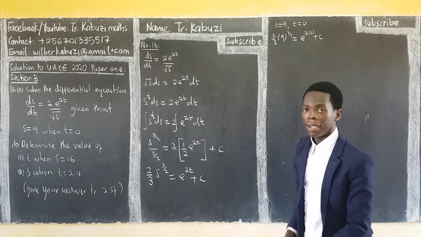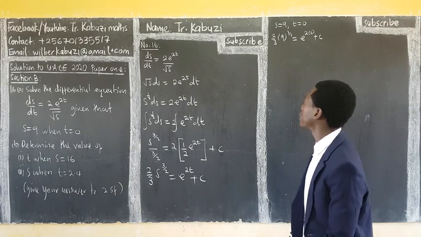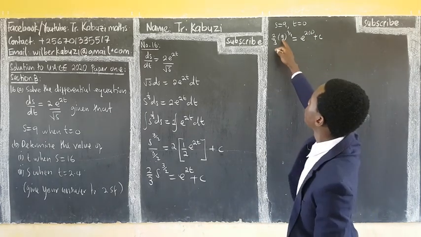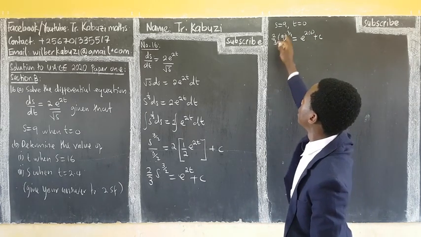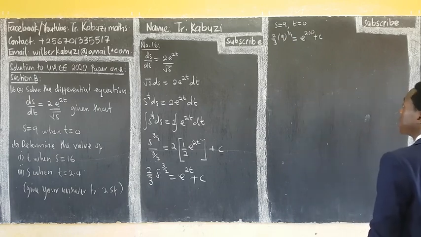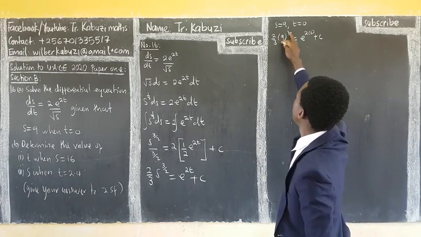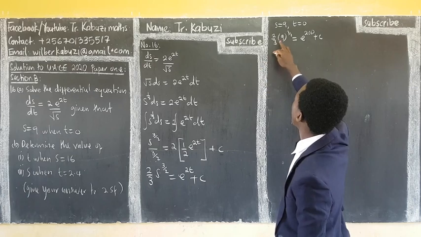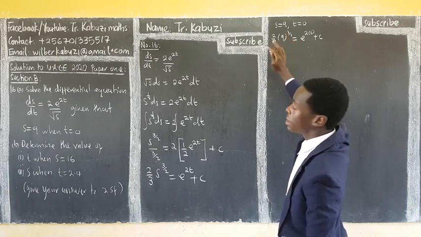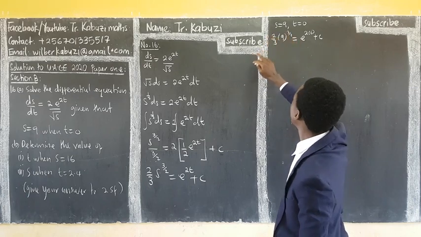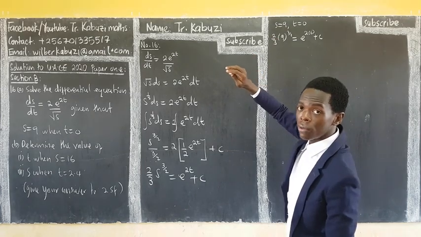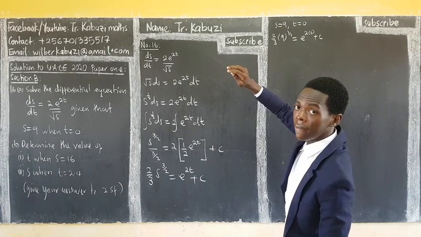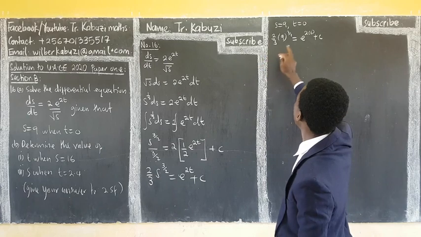We are doing this, they are giving us initial conditions so that we can get a constant of integration. Anyway, square root of 9 is 3, power 3, we have 3 power 3, which is 27 divided by 3, that will be 9, times 2, that will be 18.